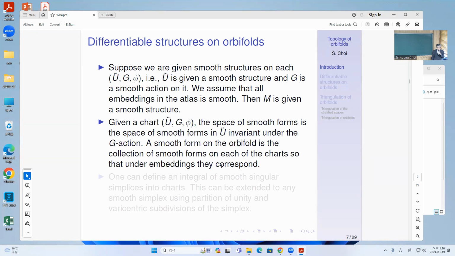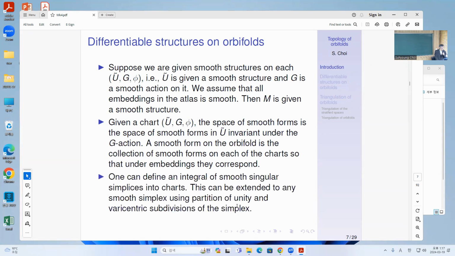So this is a more categorical way of doing things, but it's completely set theoretical anyway. So we can define the integral of a smooth single simplex into charts, and then this can be extended to any smooth simplex using the partition of unity and the barycentric subdivision of the simplices and so on.